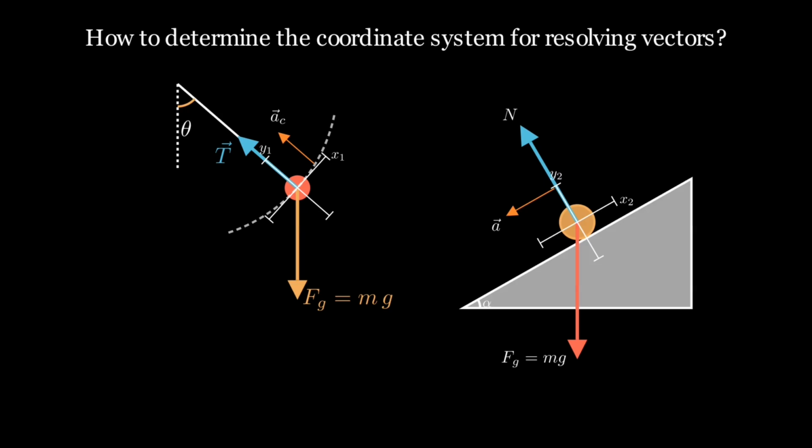Now, in both cases, we only need to resolve the gravitational force into its respective components. In case of the pendulum, one of the components lies along the string, which gives us minus mg cos theta j hat, and another perpendicular giving us minus mg sin theta i hat. At any instant, these components decide whether the tension increases or if the pendulum speeds up.